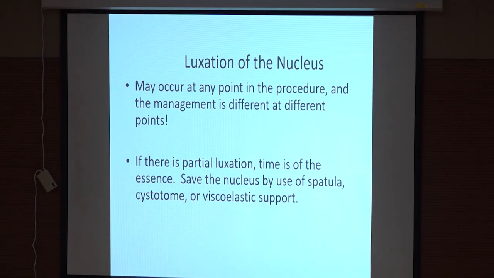If there is a partial luxation, you could save the nucleus by the use of a spatula. But again, when you use a spatula or a wire vectis for a large nucleus, you are remaining almost at the pupillary level or maximum anterior capsule level. You don't want to go into the vitreous cavity and scoop out material from there.